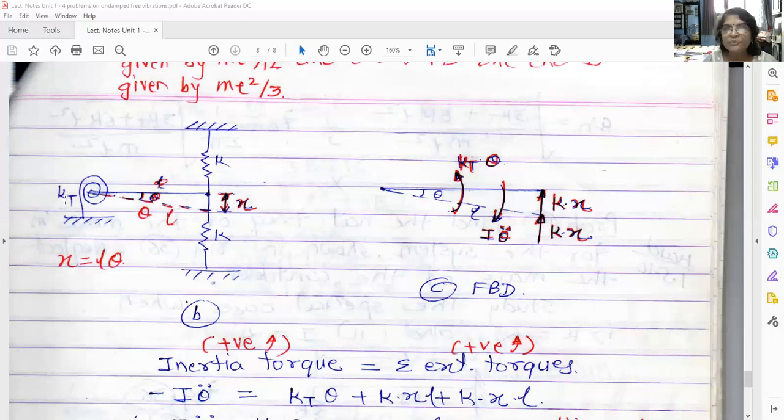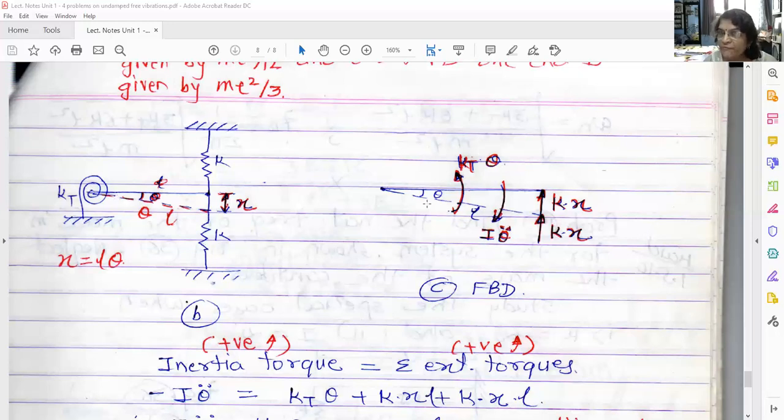The torsional stiffness of the spring. What is the torque provided by this torsional stiffness? KT into theta. Simply, you know the spring force F is equal to K into x. So for torsional, K is replaced by KT and x is replaced by theta. So KT into theta is the restoring torque provided by this torsional spring.